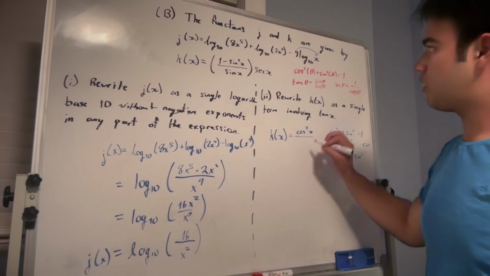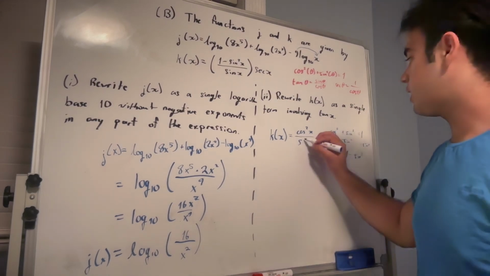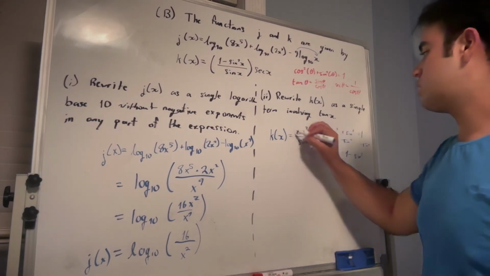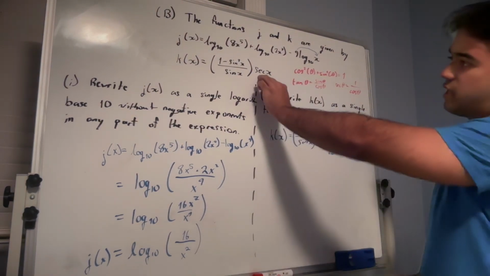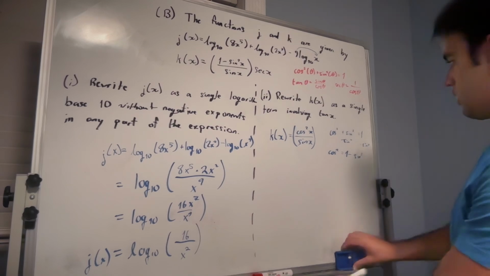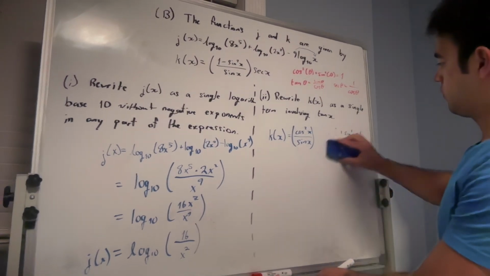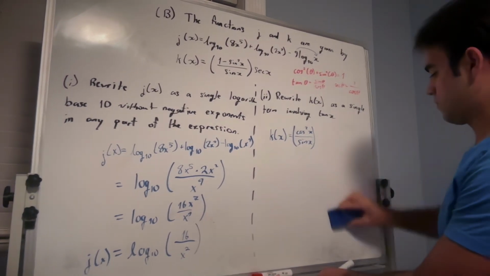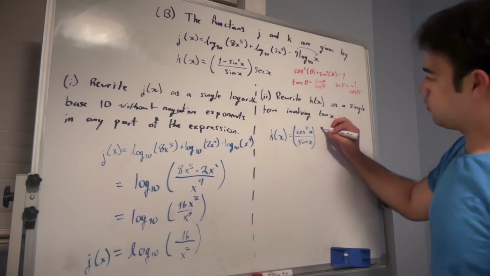So I'll have cosine squared of x over sine of x. And then I'm going to replace my secant of x with 1 over cosine of x. So let me erase this part here. 1 over cosine of x.